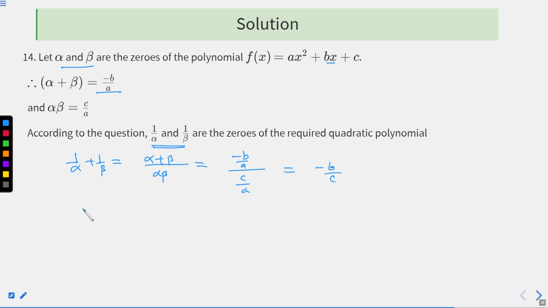Now if we take the product, 1 by alpha times 1 by beta is equal to 1 by alpha beta, and this is equal to a upon c.